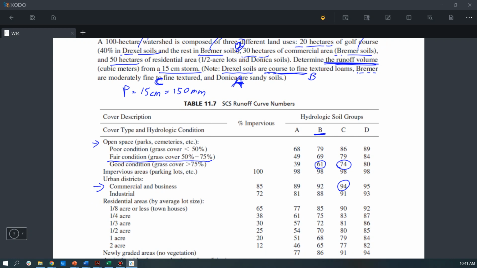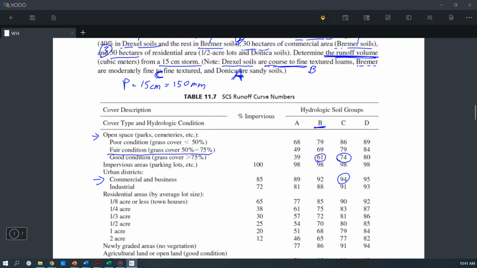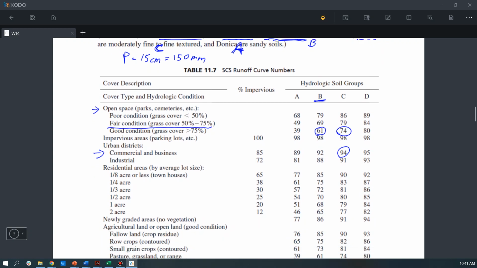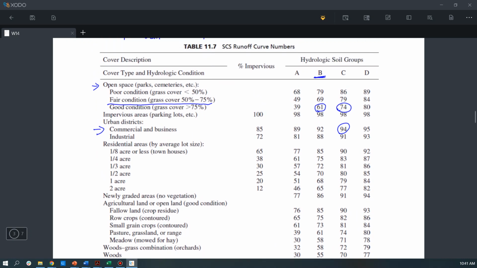Okay, and next one is the residential area.